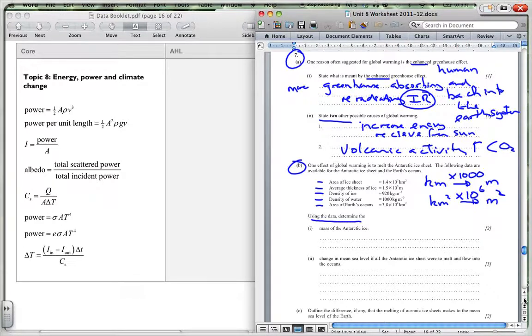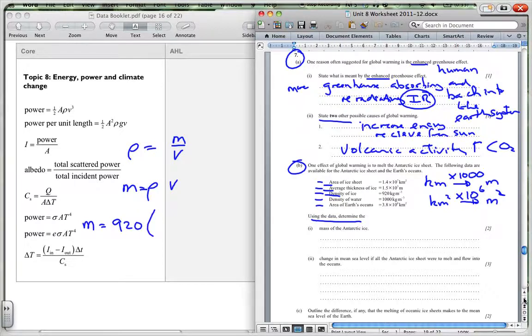So using the data, determine the mass of the Antarctic ice. Now, we have here the density of the ice, and we have the average thickness of the ice, and we have the area of the ice sheet. So using my formula that density is equal to mass over volume, I'll have mass is equal to my density times my volume. So my density of the ice is 920 kilograms per meter cubed, and I'm going to multiply that by my volume.